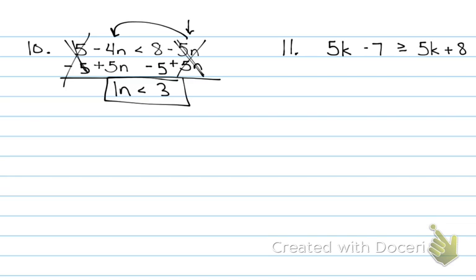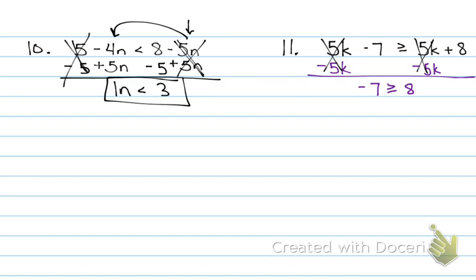So what happens, I need you to still show this step, okay? What happens when you try to subtract 5k to the other side? It just cancels out. So we all agree this is gone and this is gone. What's left? Negative 7 is greater than or equal to 8. You need to write what's left.